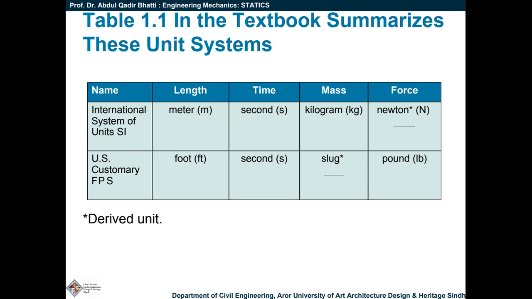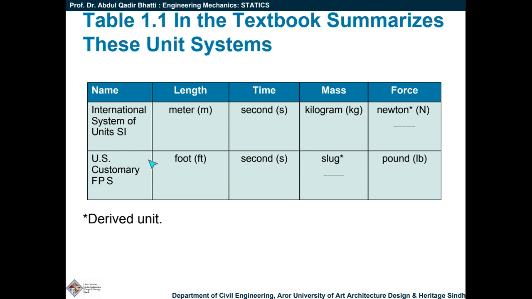So this is the table from the textbook which summarizes these units. One is the international system of units, the other is the US customary units. What is the unit for length? In the US customary FPS system, it's the feet.